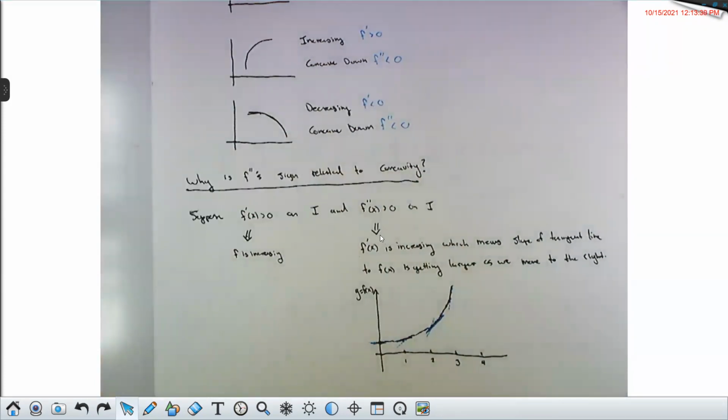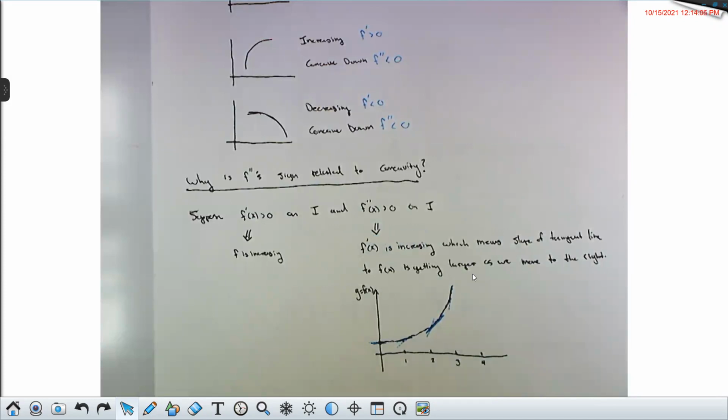So f double prime being the derivative of f prime is what makes this work. You're looking at the rate of change for the rate of change. In other words, if you know that f prime is increasing, then you know that the slopes of the tangent lines get steeper and steeper as you go further and further to the right, right?